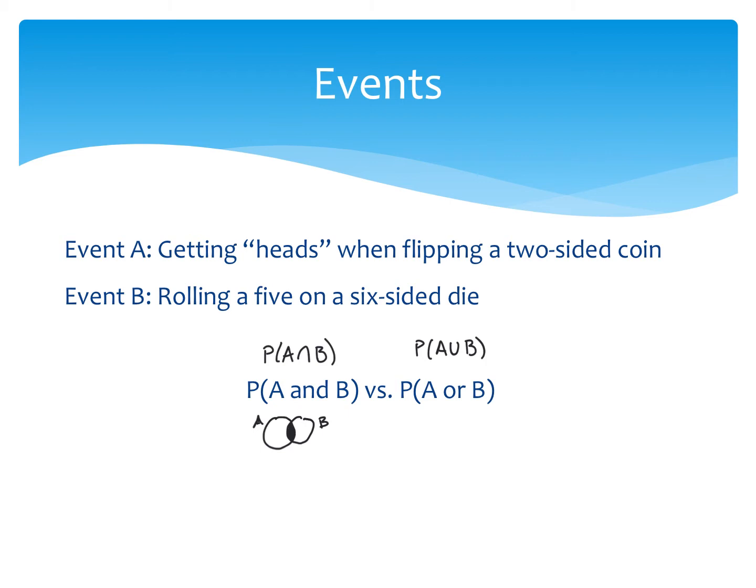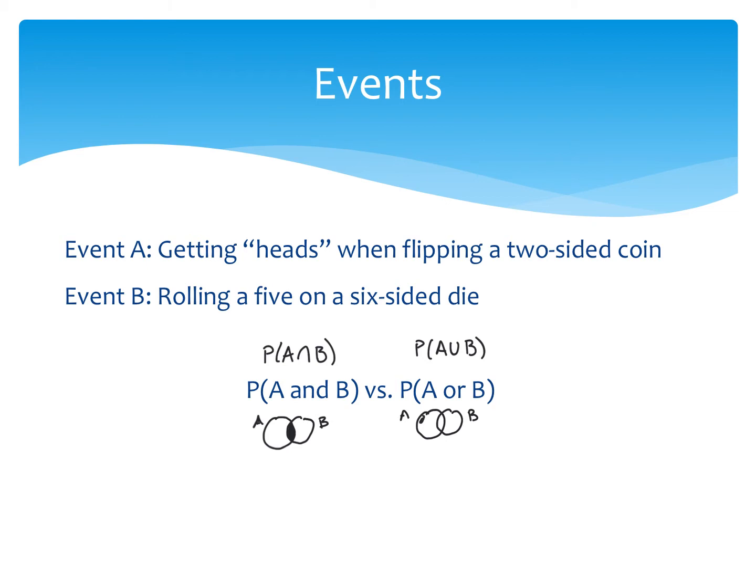Whereas for our OR probability, if we were to have A and then B, all we care about is if A happens. So if A happens, we're good. If B happens, we're good. If they both happen, awesome. We don't care about them being together. We just care about if they happen at all.